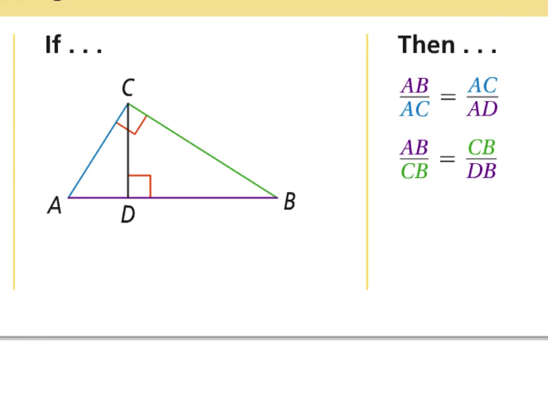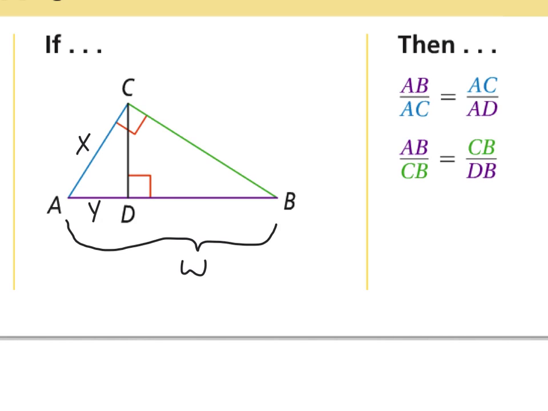If I look at this entire hypotenuse, let's call that W. Then I want to look at AC, let's call that X, and AD, we'll call that Y. The reason they have two proportions here is because it works with the leg AC, but it also works with the leg CB.